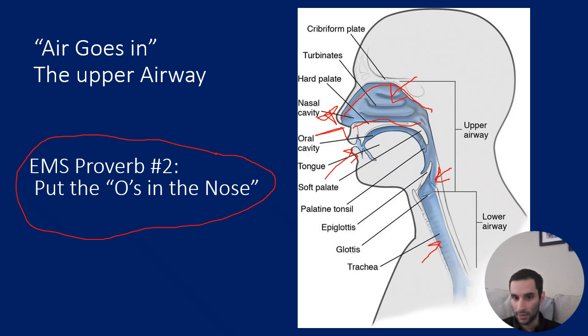You can put a lot of oxygen into the nose, and so your nasal cannula is your best friend. I'm going to talk about different ways we can use the nasal cannula in a pinch. So key point number 2: put oxygen in the nose, okay? Use that nasal cannula.